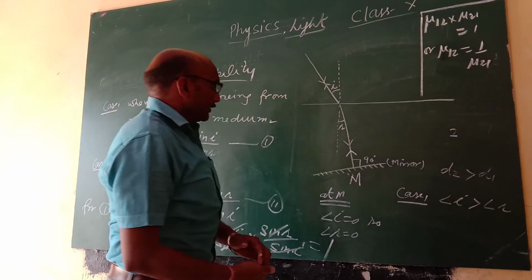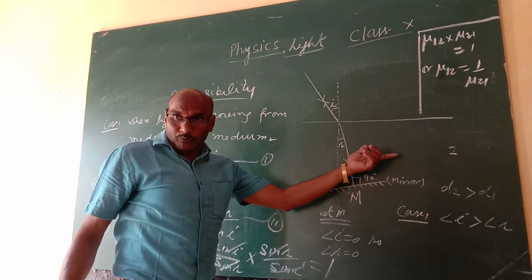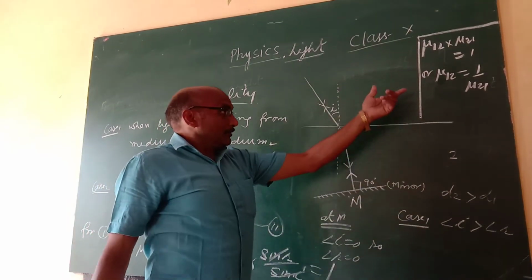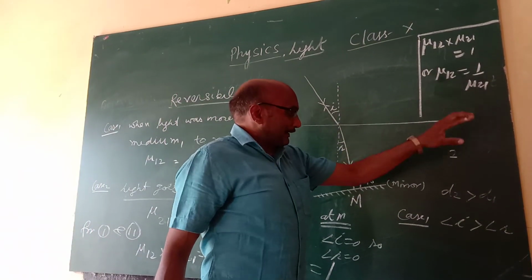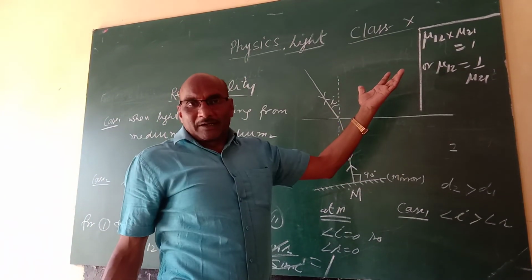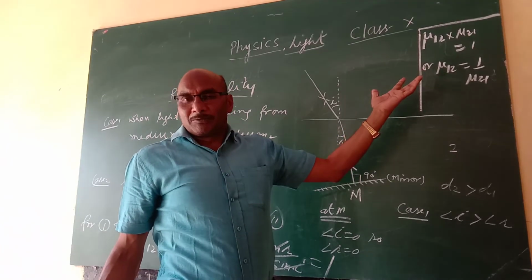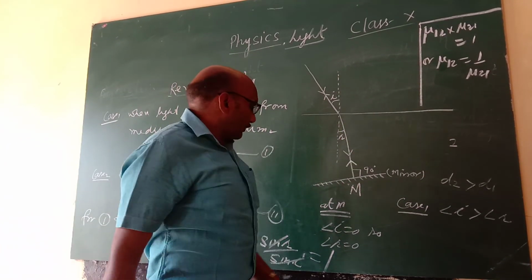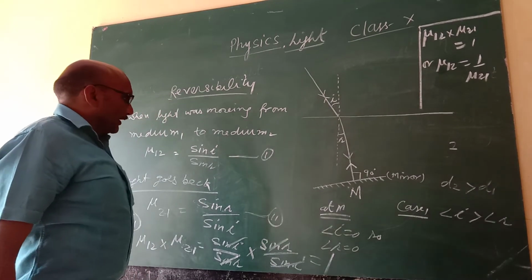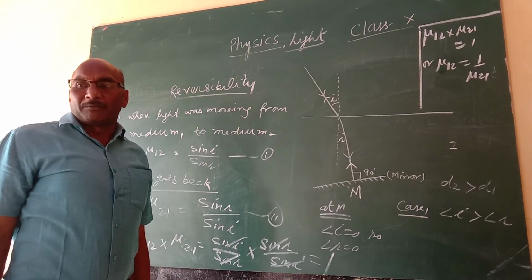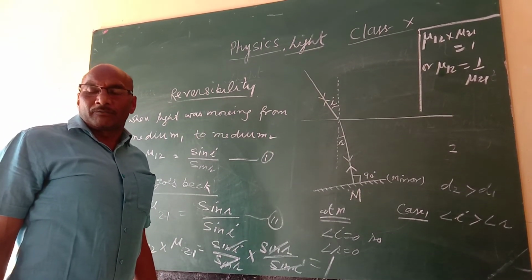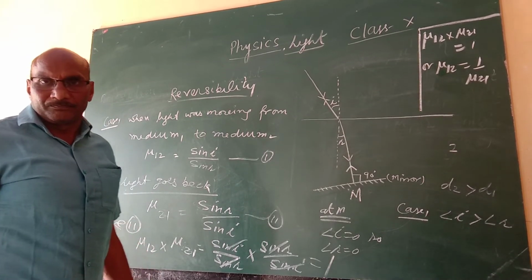It means when the light was coming from medium number 1 to medium number 2, the refractive index was mu 1 2. In the reverse case, the refractive index will be just the opposite of the previous one. This is called the principle of reversibility, and this is how we find the relationship between these two refractive indices.